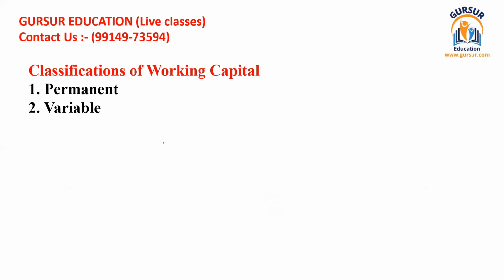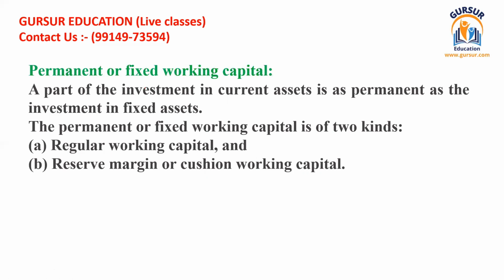It's not that working capital can be bifurcated only into gross and net working capital. Working capital can broadly be taken into account from other points of view as well. The first is permanent working capital and the second is variable working capital. So what do we mean by all this?